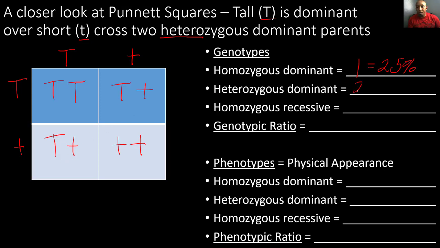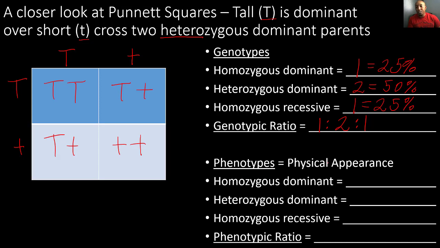So that's going to be 50%. And then our homozygous recessive, we only have 1 of those, and that's going to be another 25%. Notice that it equals up to 100%. So if we look at our genotypic ratio, that's going to be 1 to 2 to 1: 1 homozygous dominant, 2 heterozygous dominant, then 1 homozygous recessive.